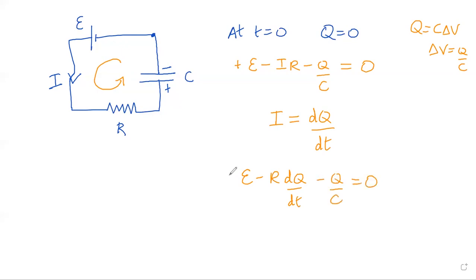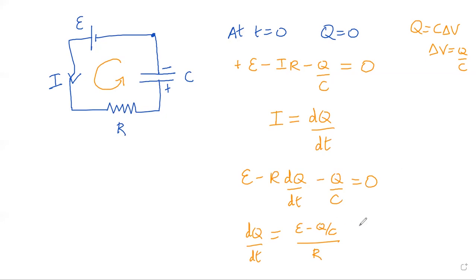And we can rearrange this to solve for dQ over dt. And we get E minus Q over C, the whole divided by R, is equal to dQ over dt.